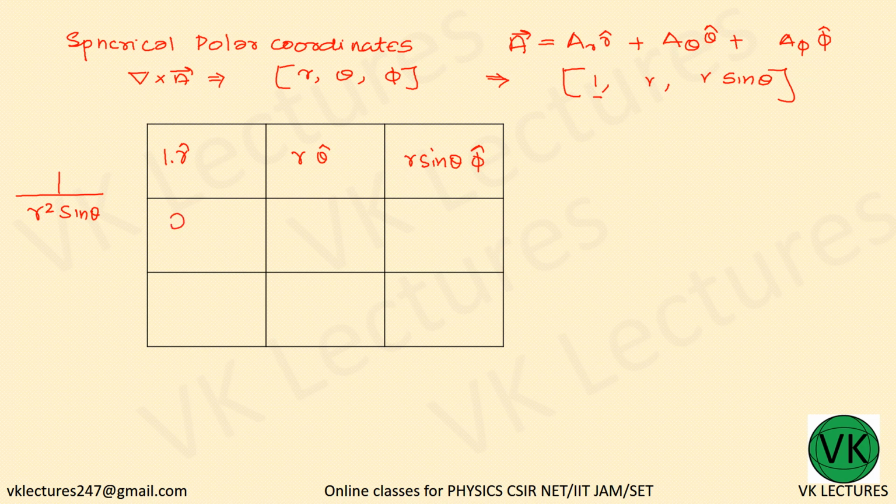Now this is dou by dou r, dou by dou theta, dou by dou phi, and here you have 1 into ar, here we have r into a theta and r sine theta into a phi.